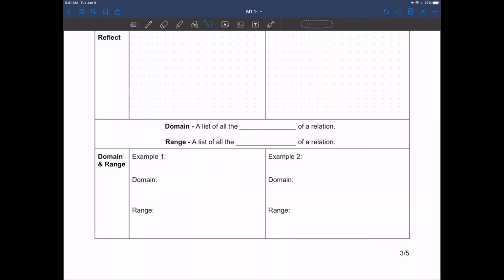All right, so let's talk about domain and range. Domain is a list of all of the inputs of a relation, and the range is a list of all of the outputs of a relation. Okay, so from example 1, I'm just going to go ahead and show you. Because this was a discrete function, it wasn't a continuous thing, I'm just going to list all of the inputs.